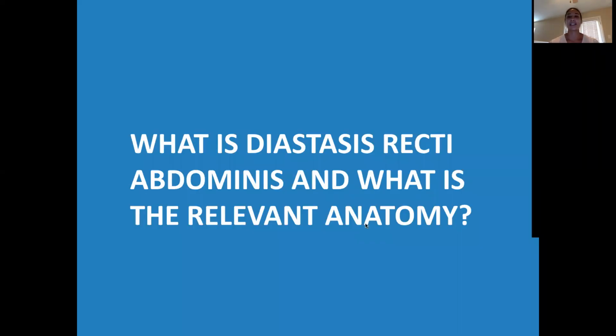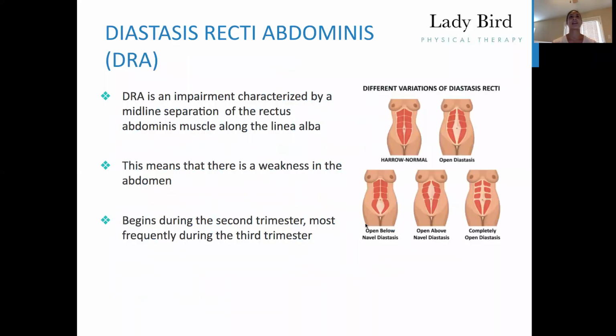So first of all, let's talk about what really is it and what's the relevant anatomy. So diastasis recti, you might have heard it also called DRA. It's an impairment that's characterized by a midline separation of the rectus abdominis muscle along the linea alba. So just some fancy anatomical words in there. Rectus abdominis is just an abdominal muscle that I'll talk about in a little bit more.